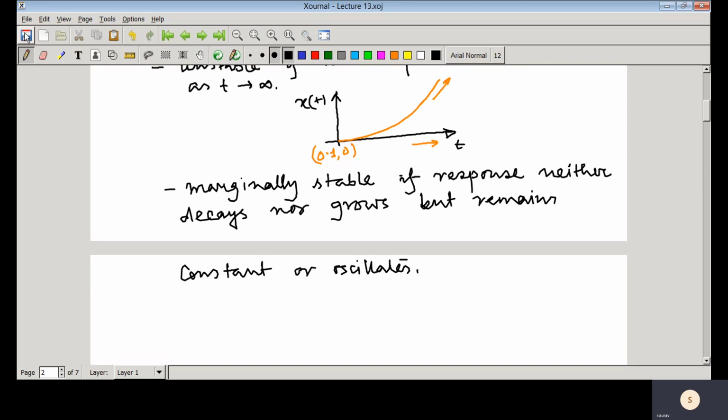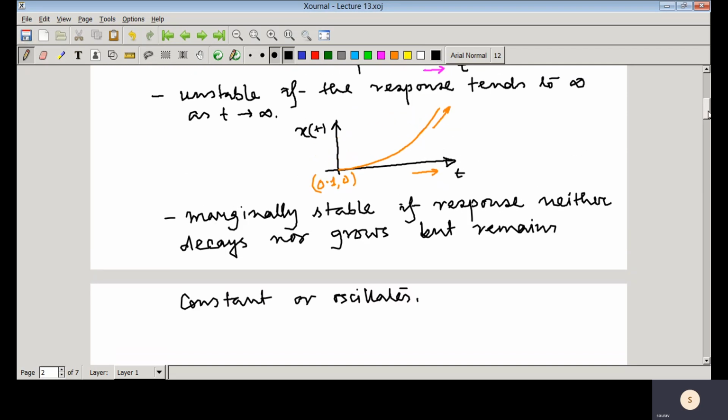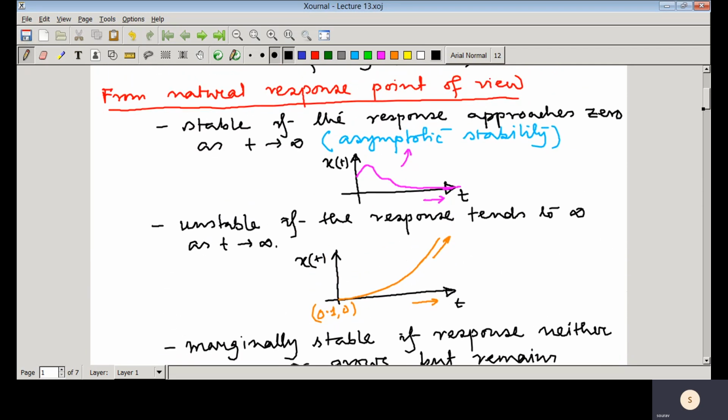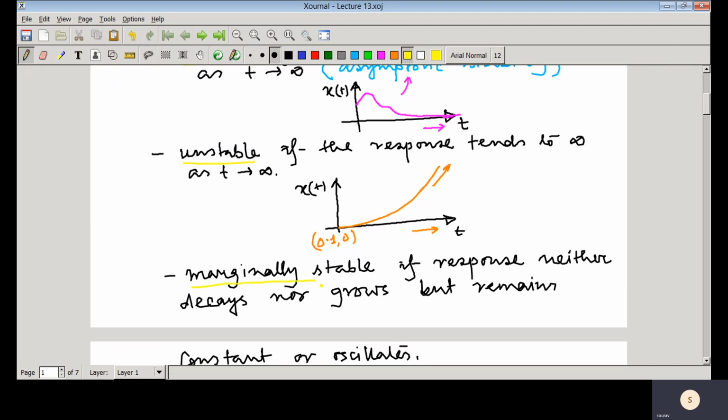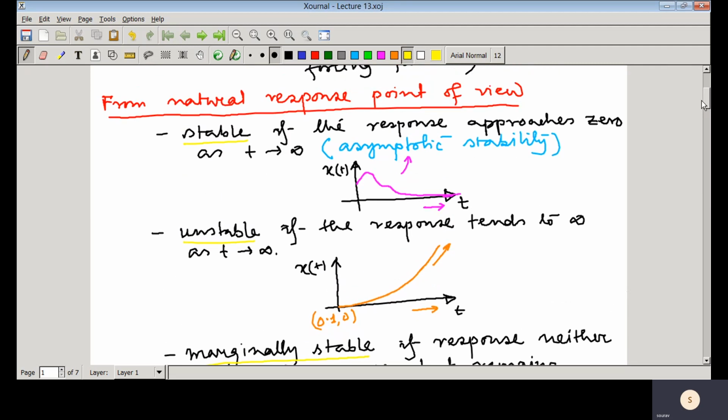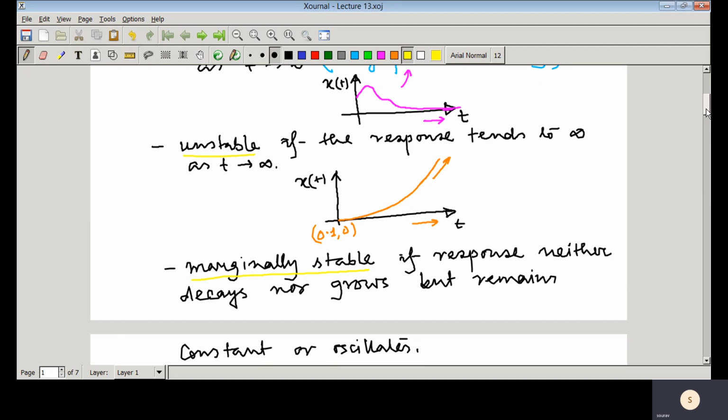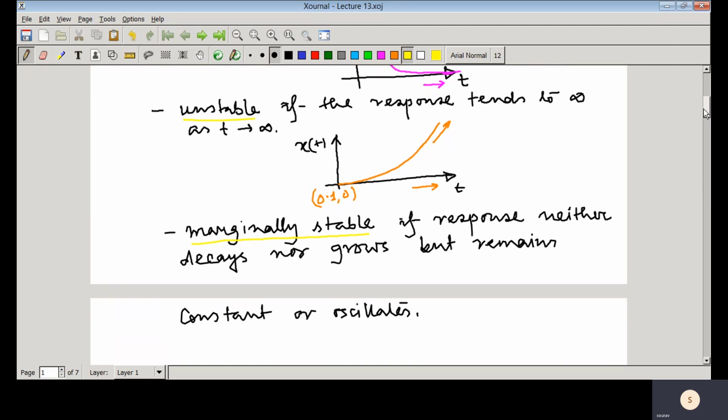What is that? So here actually we have seen three terms. One is stable, another one is unstable, and the third one is called marginally stable. So that means there are three different notions we have seen from the natural response point of view. So here you can see what is called marginally stable.